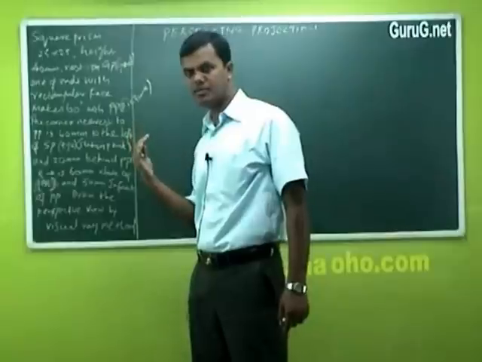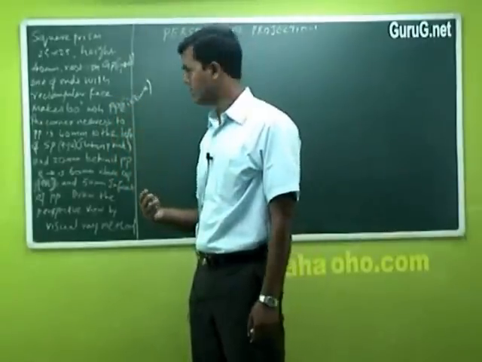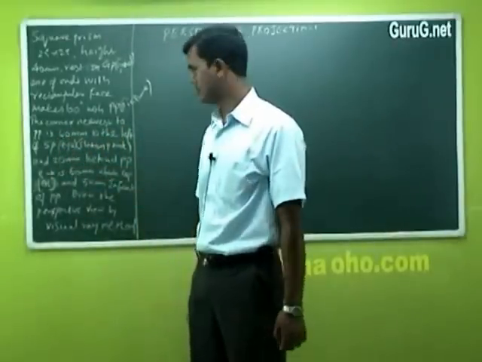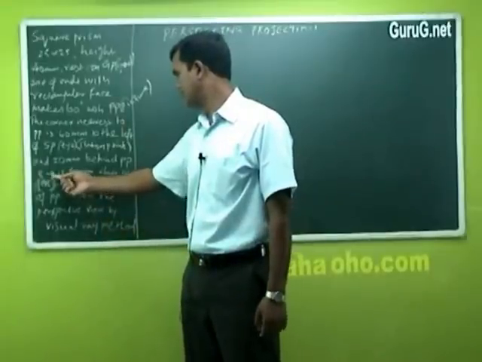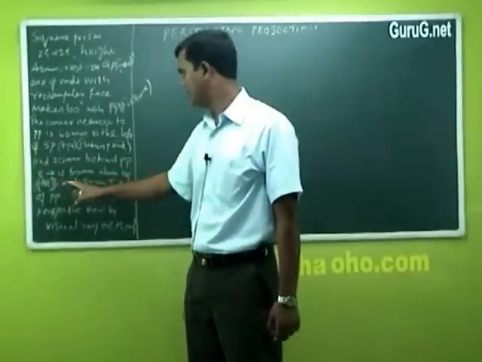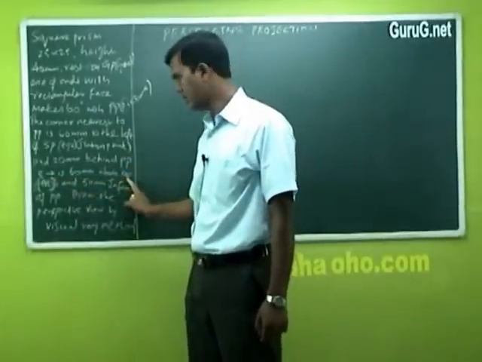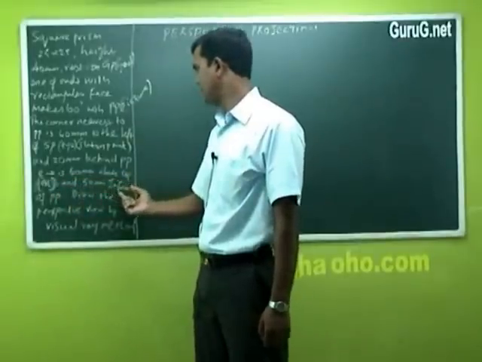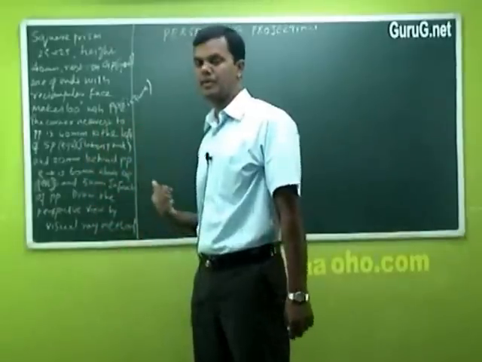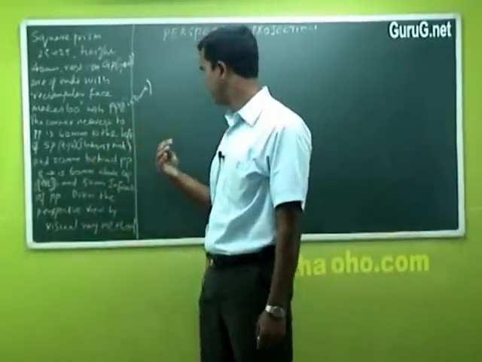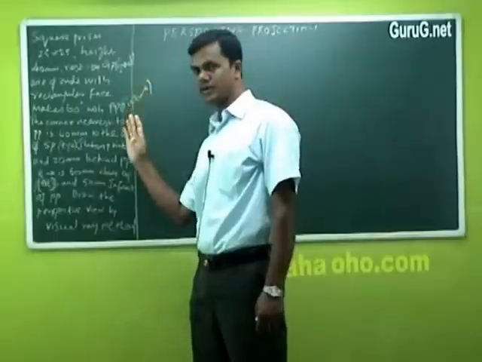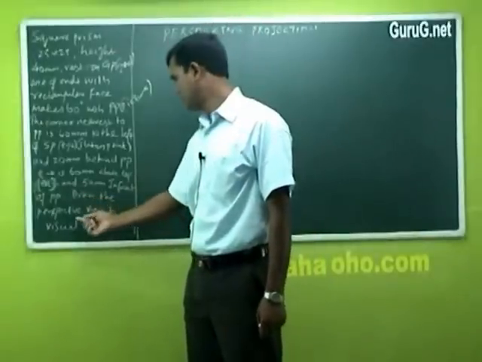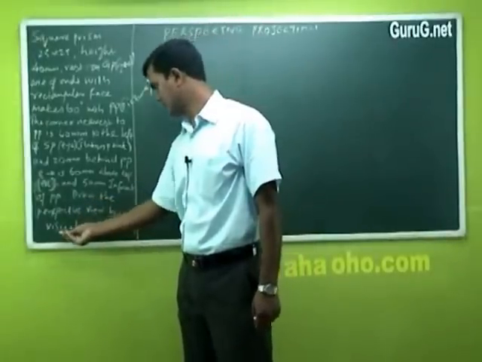Behind PP means behind the picture plane, and it is 40 millimeter left of the eye point. This eye level E is 60 millimeter above the ground plane. This is G, ground plane or GP or GL, and again 50 millimeter in front of PP, on the back side. In front and behind, that we have learnt in projection of points. So draw the perspective view by visual ray method is the question.